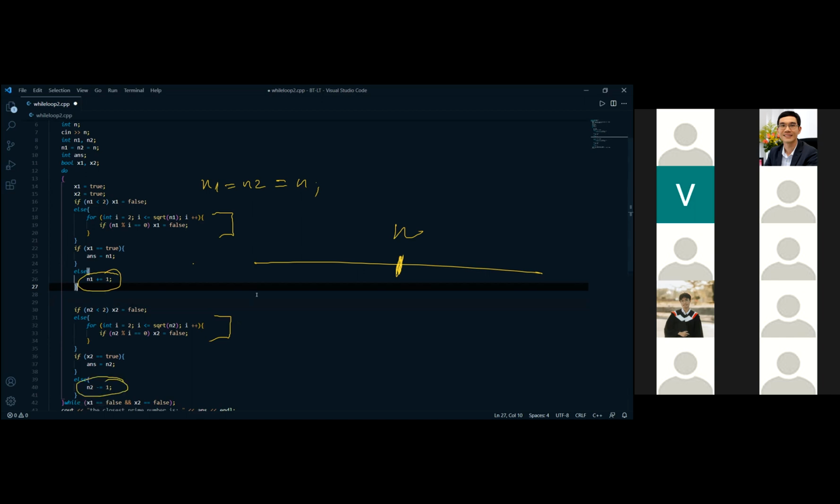So n1 will go up, n2 will go down. So everyone else read and let me know if it's correct or not. So that is the main idea, and this is the condition of the while loop, and the two for loops were there. So read carefully. You have 5 minutes to read and to check if it's correct.